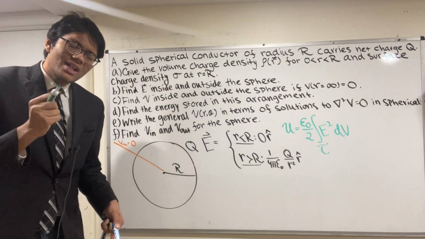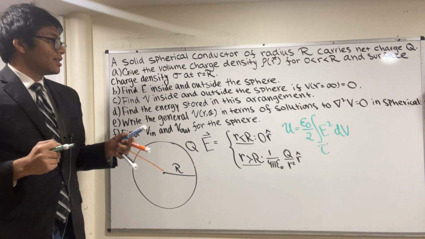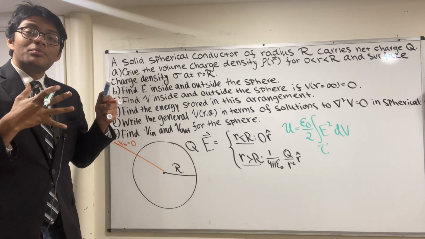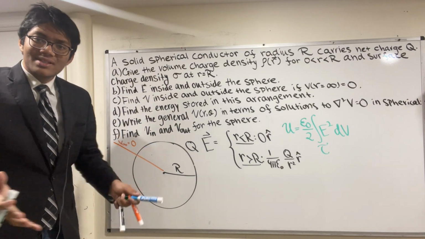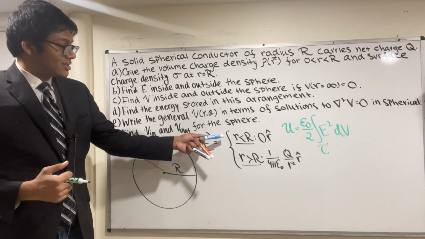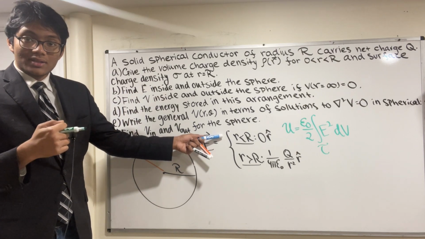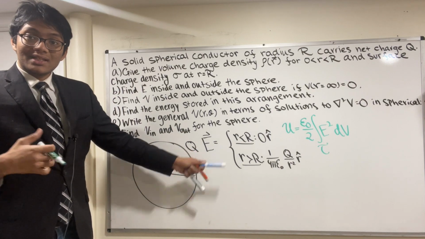You have to be very, very careful when you find the energy stored in an electrostatic arrangement that you break up that integral, because the electric field is not necessarily the same in all regions. In fact, it often isn't. As in this case, when the electric field is 0 when r is less than capital R, and non-zero when r is outside the sphere.